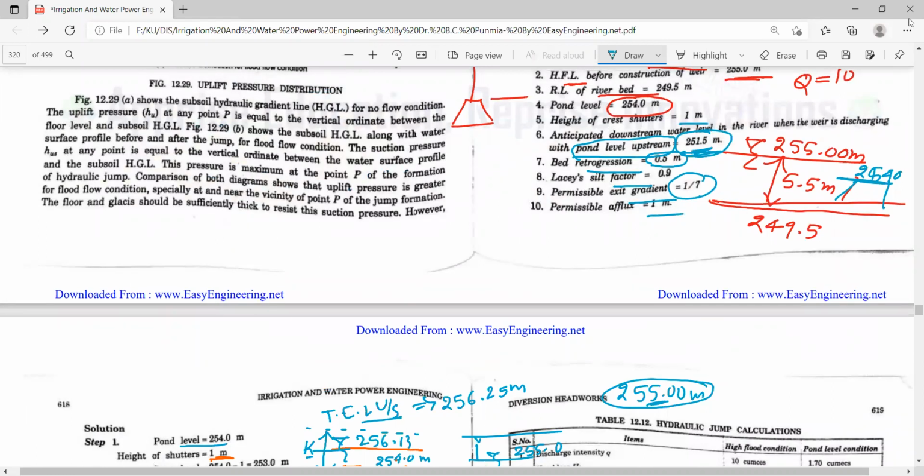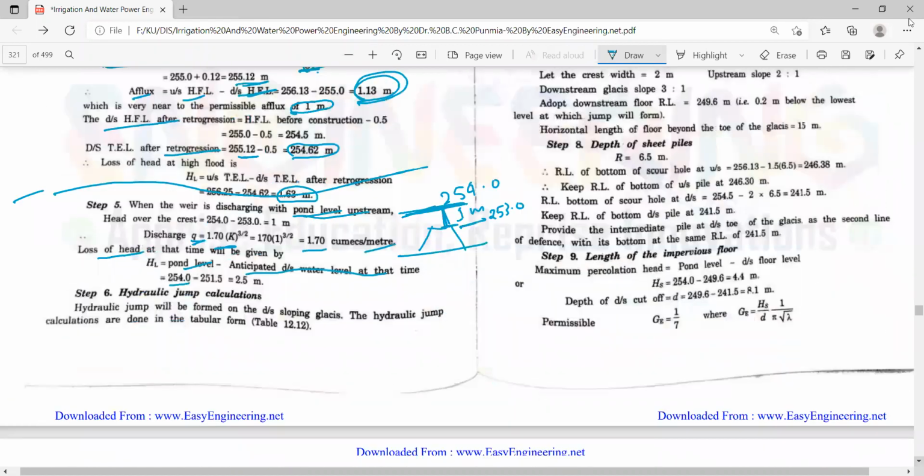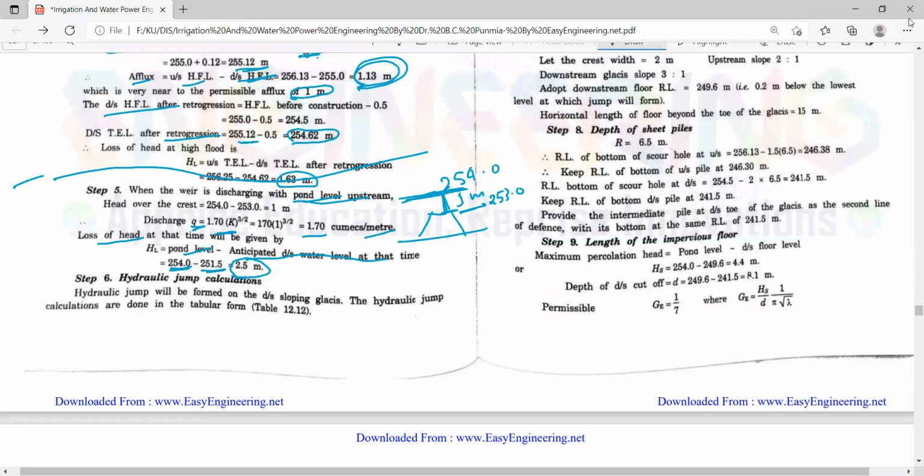If you consider the pond level, the downstream water level is 251.5 meters. So the pond level is 254 and the downstream level is 251.5. So the loss of head will be 2.5 meters. So in the second case, if you consider the pond level, the head loss will be more. Head loss is greater in the second case than in the first case. We are going to find out what the differences are here.